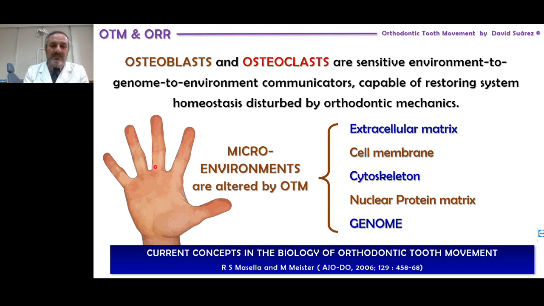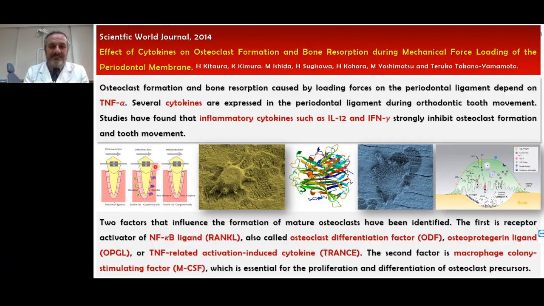The relationship between the osteoclast and the osteoblast and the change of 5 microenvironments: the extracellular matrix, the cell membrane, the cytoskeleton, and the genome.